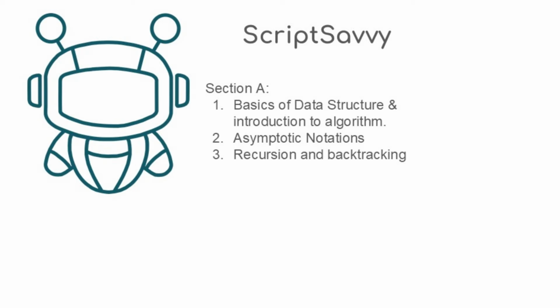So n calls itself to solve factorial of n. Last is backtracking. Backtracking is a problem solving technique in which we explore all the possible ways and paths to get to our desired goal.